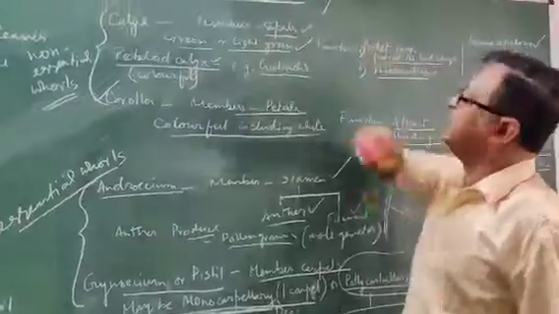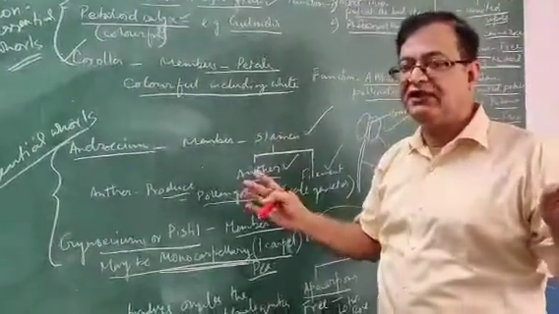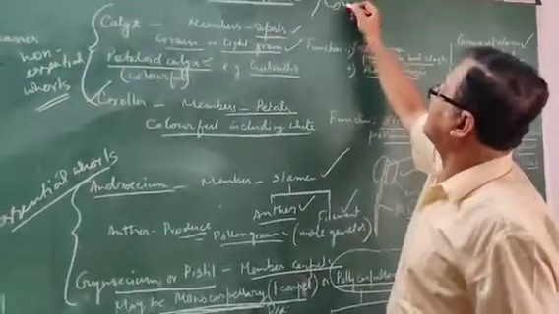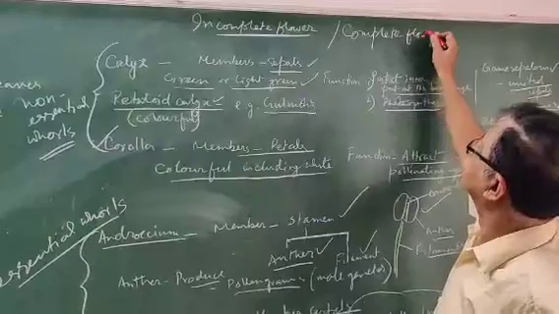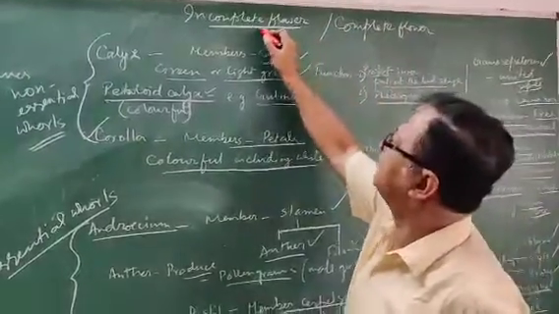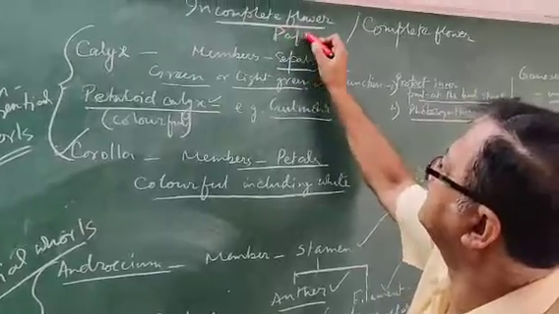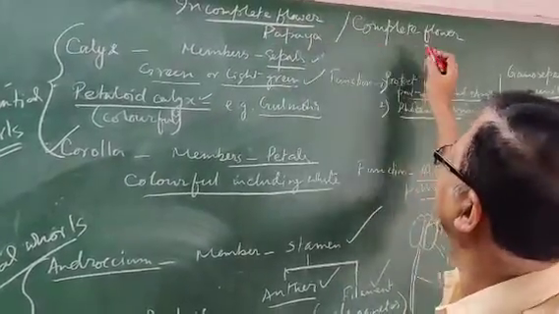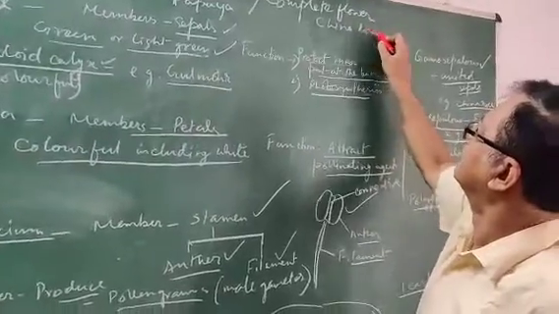And the other one is, if all the four parts or four whorls are present in a flower, they are called a complete flower. Incomplete flower, example papaya. Complete flower, China rose.